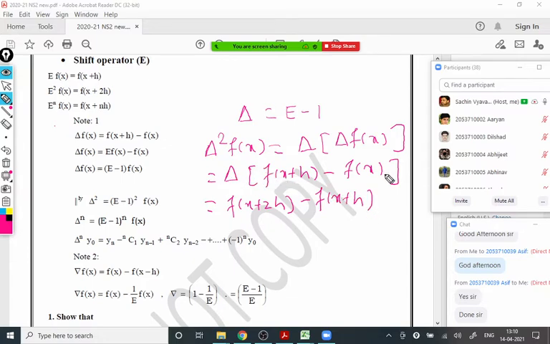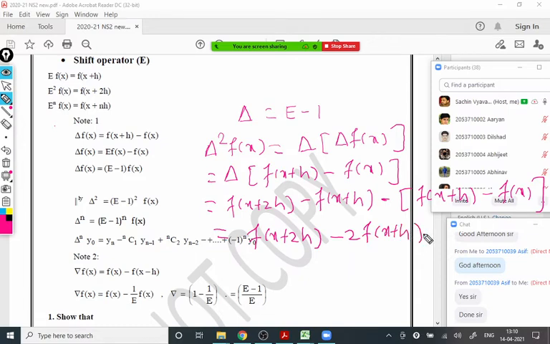Now delta f(x) is f(x plus h) minus f(x). And now if we simplify this, we get the answer f(x plus 2h) minus 2 times f(x plus h) plus f(x). So this is one of the ways to get the value of delta square f(x).